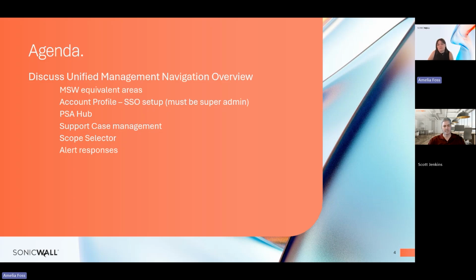We'll also map some of these areas to what you may already know from My SonicWall, so it's easier to connect the dots. From there, we'll walk through a few important components, including account profile setup, specifically SSO configuration for super admins, and then spend some time on PSA Hub and how it integrates into your day-to-day workflows.